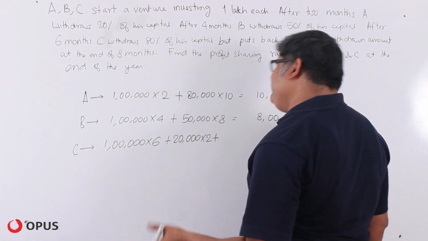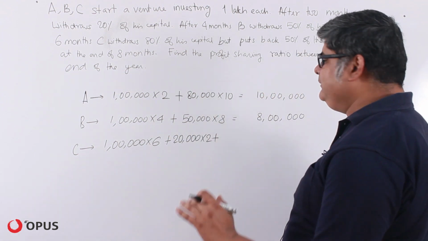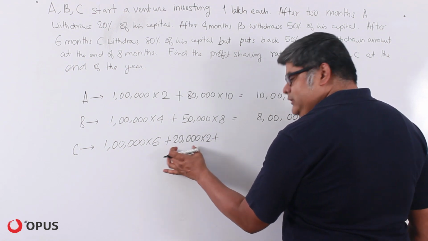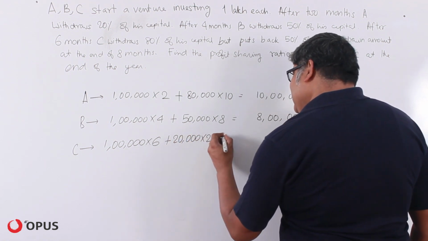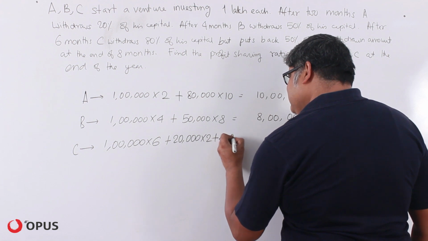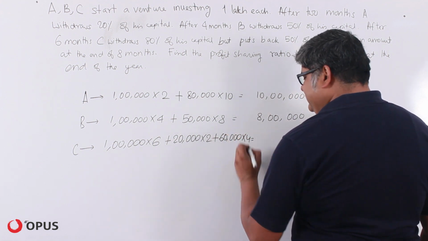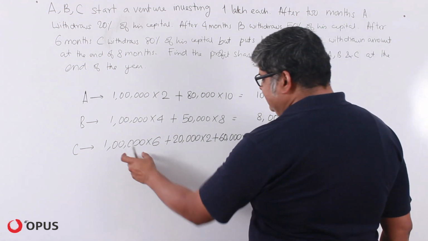That means he pushes back 40,000 into the business once more. So 40,000 plus the 20,000 that is already there gives 60,000 into, if you look at it for the remaining 4 months. So here if you look at it, it's 6 lakhs.